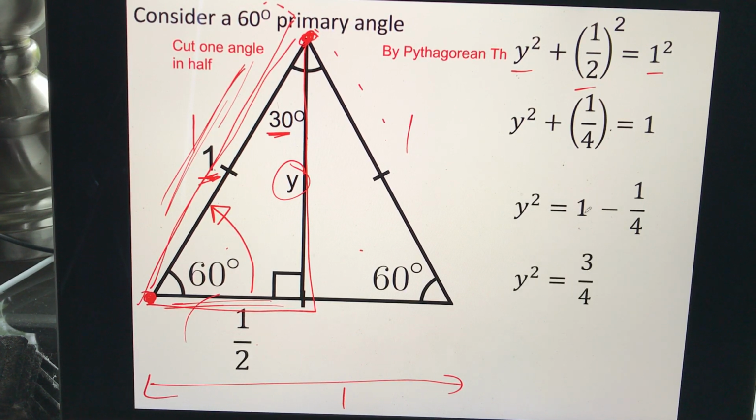I'm going to find a common denominator. Obviously 1 is 4 over 4. 4 over 4, take away 1 over 4 is obviously 3 over 4. And then I'm going to square root both sides to solve for y. Square root of the top, square root of 3, I don't know. Square root of 4, I do know, is 2. So I know my y is root 3 over 2. So my height here, my y, is root 3 over 2.